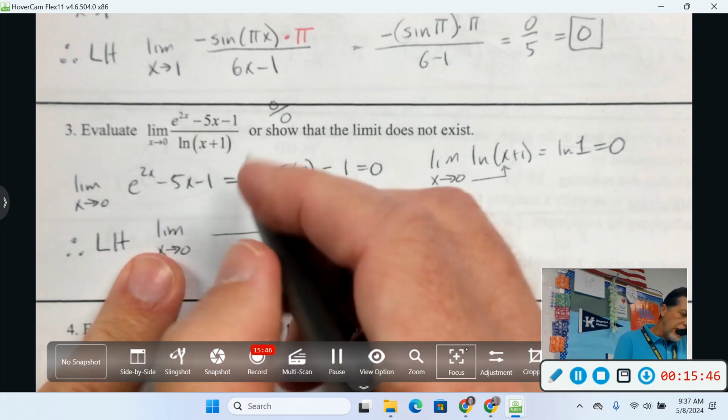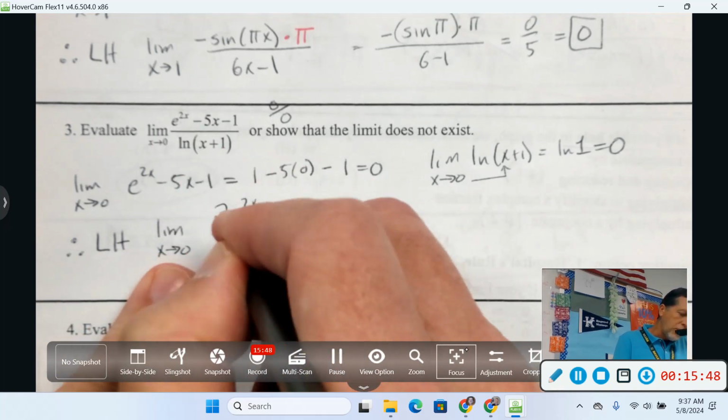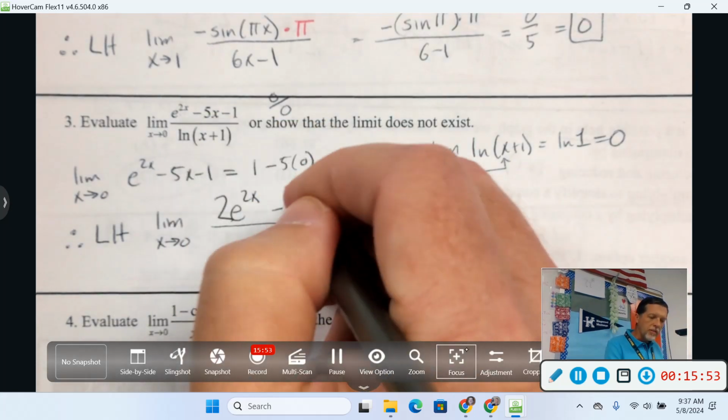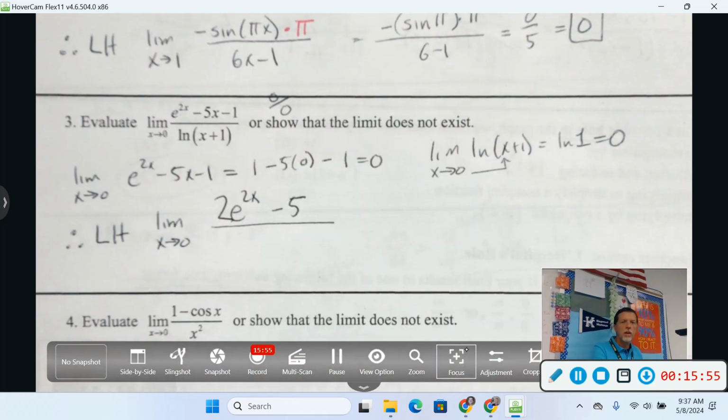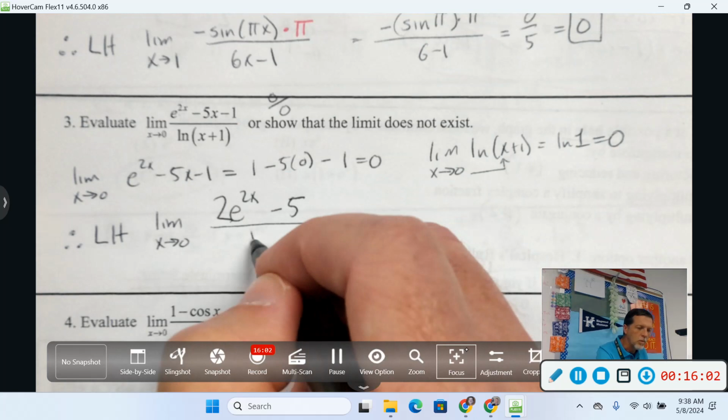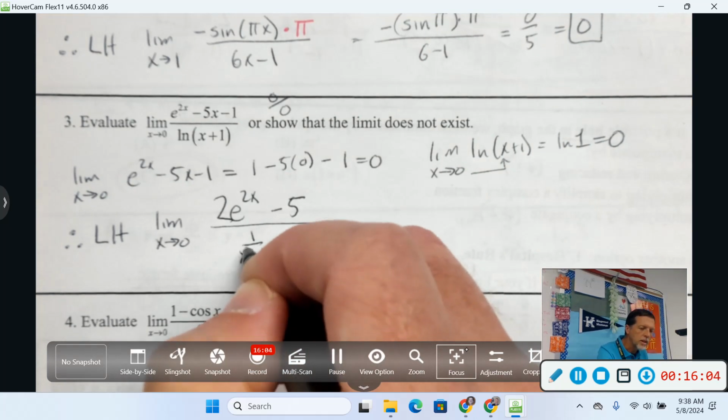So derivative of e to the 2x would be e to the 2x times 2. Derivative of minus 5x would be minus 5. And then in the bottom, we're going to get fractions and fractions, but that's okay, we can deal with that. 1 over x plus 1.